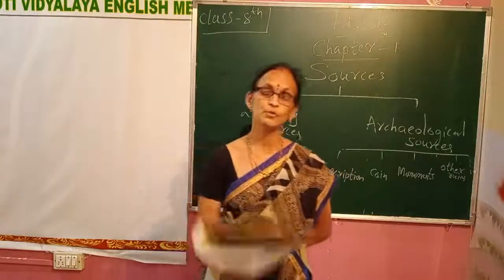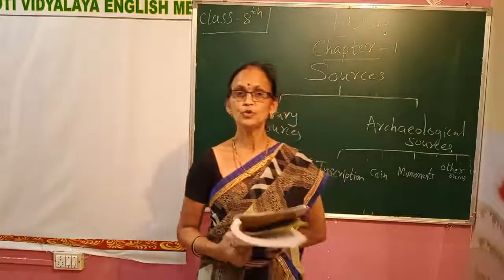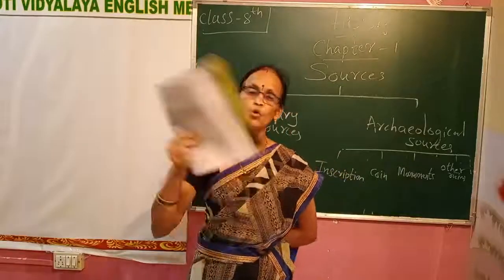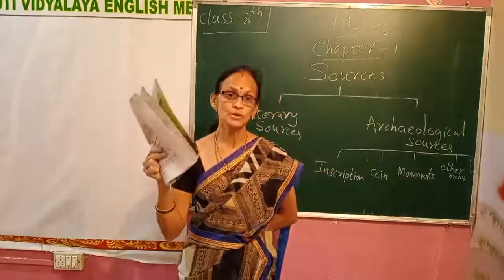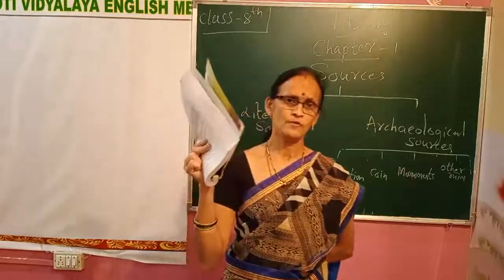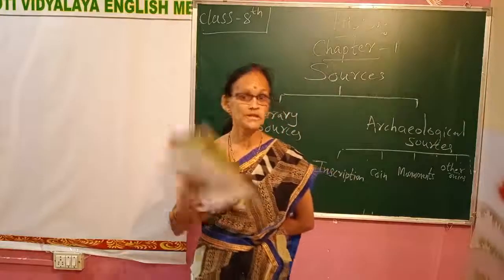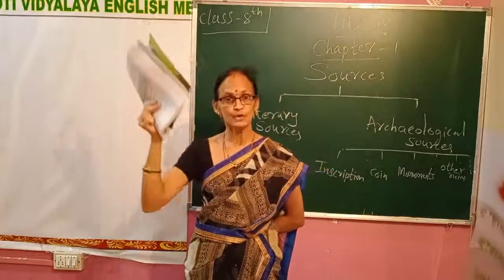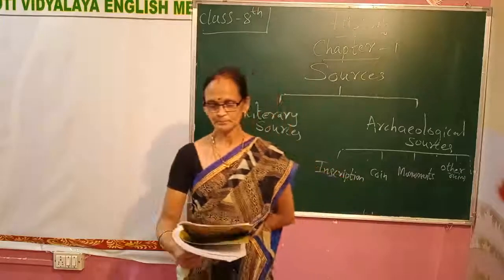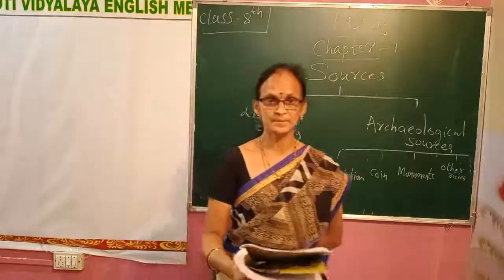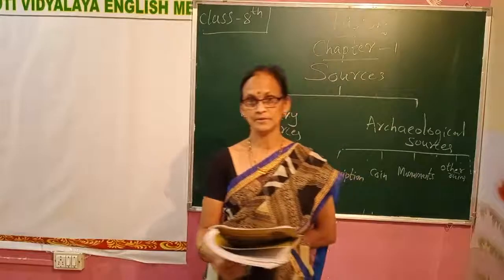In the Gol Gumbaz of Vijapur, if you shout one time, it echoes 7 times. The people were so advanced that they used that type of technology in that age. In those olden days they had such good technology, so we have to praise them for it.